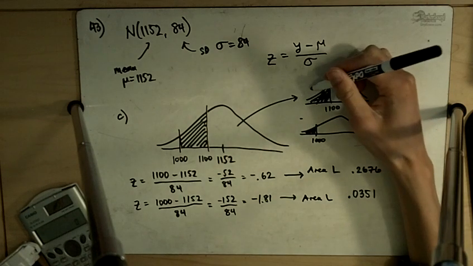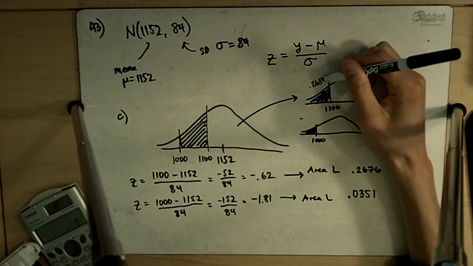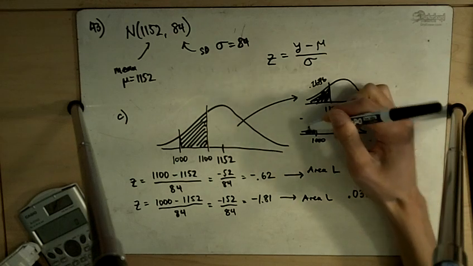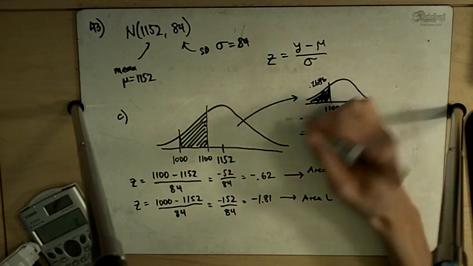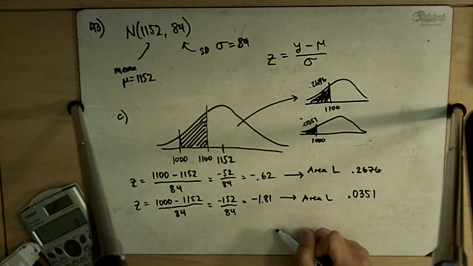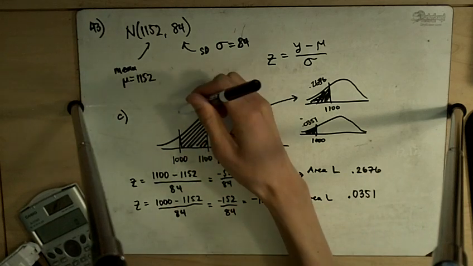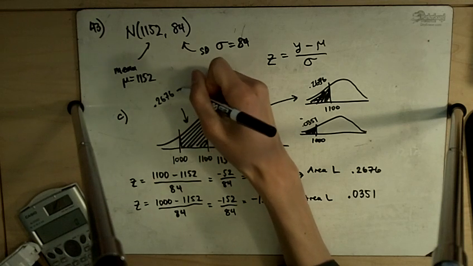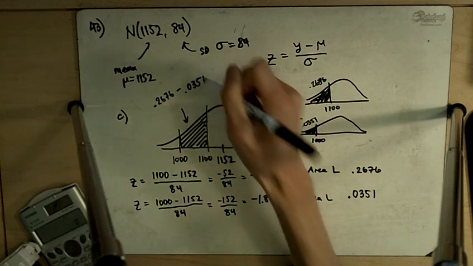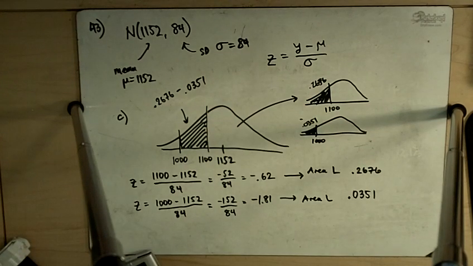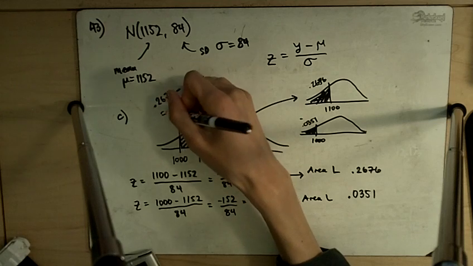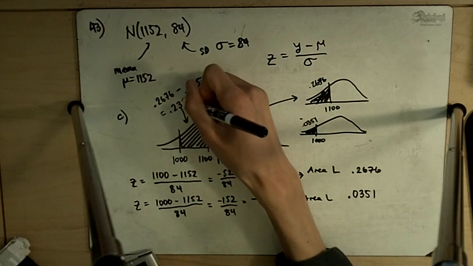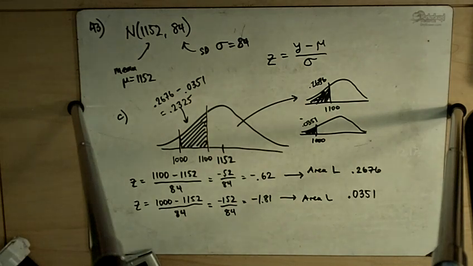So the area over here is 0.2676, and the area in this little piece is 0.0351. We take the difference, so the area in between is 0.2676 minus 0.0351, which is equal to 0.2325.